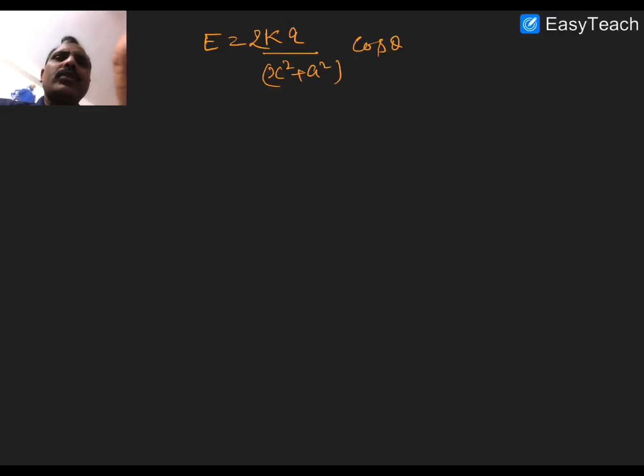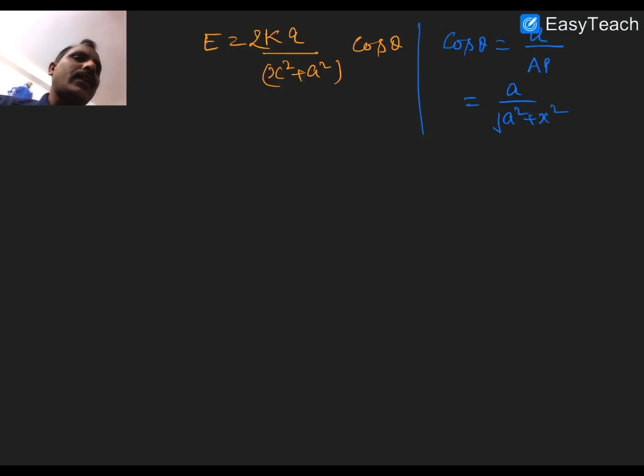So first of all we will find out the value of cos theta. Cos theta is equal to base upon hypotenuse. Hypotenuse means AP or BP. So AP means a upon square root of a square plus x square. This is the cos theta.